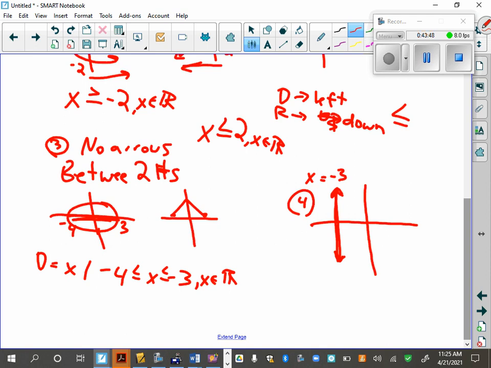I'm going to get you to do this for me, please. And what's the range for this one? To understand, what are the possible values of x for the graph for the domain? What are the possible values of y for the graph for the range?